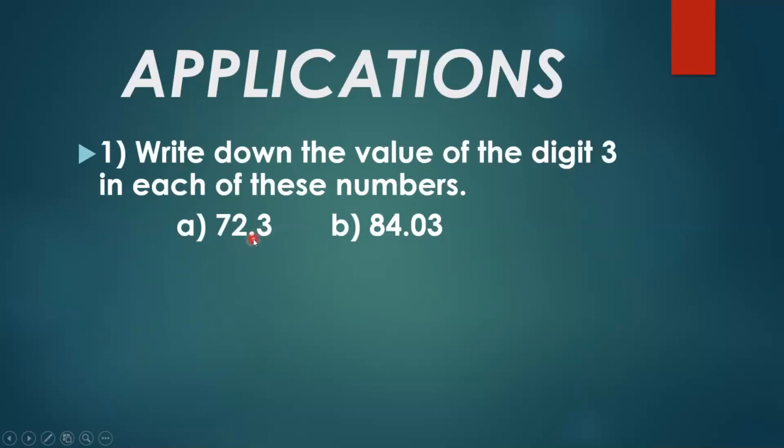This is the decimal point. The number that comes next to the decimal point represents the tens place. So this will be in the tens place.